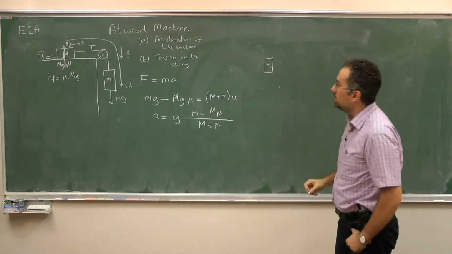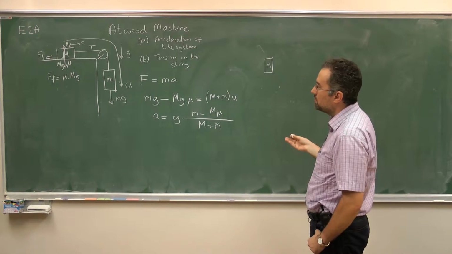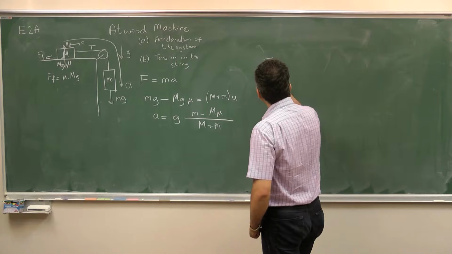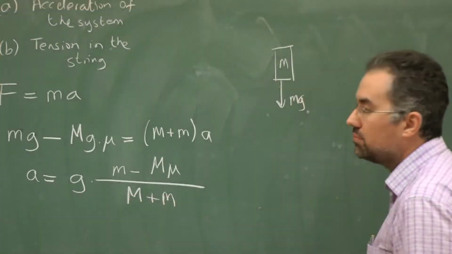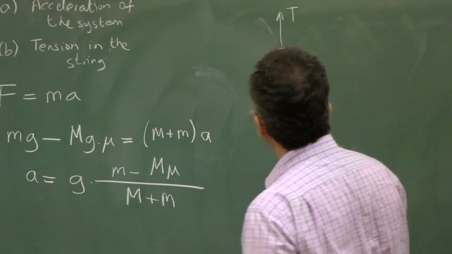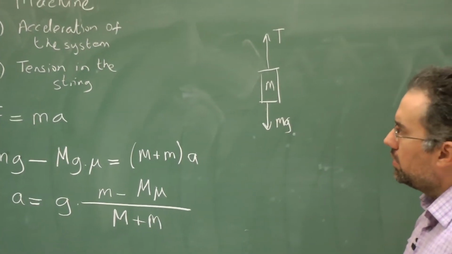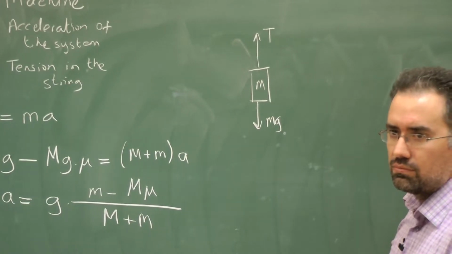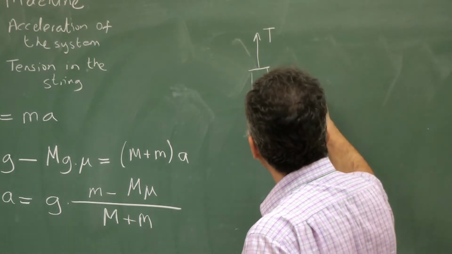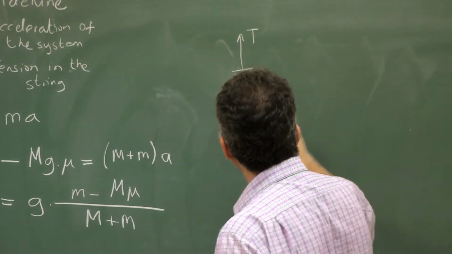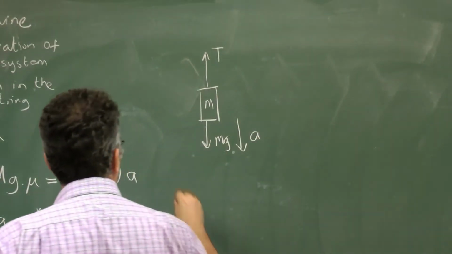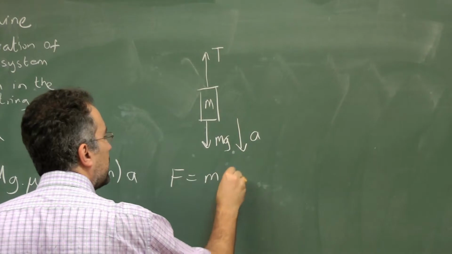and draw a free body diagram, which means I'll just write all the forces that are acting on it. So there is mg acting down. What tries to hold it up is the tension. And that's it. We're going to accelerate down. So the acceleration on it is downwards a. So the equation I'm going to write is, again, F equals ma.